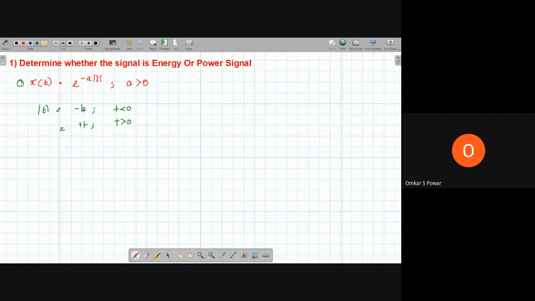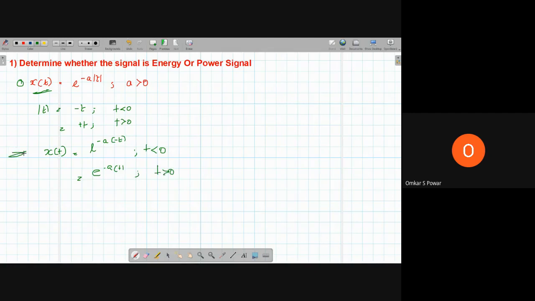So x of t is equal to e power minus a into minus t for t less than 0, and e power minus a into plus t for t greater than 0.